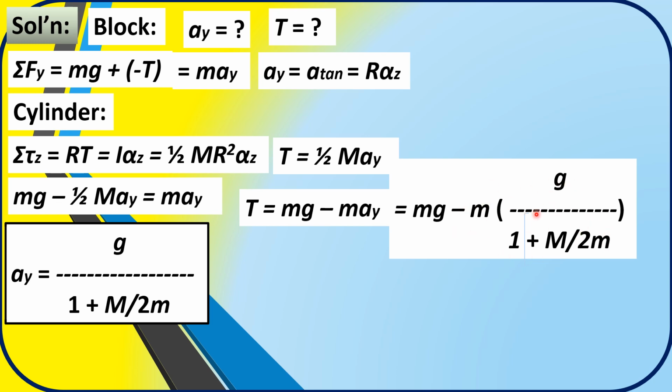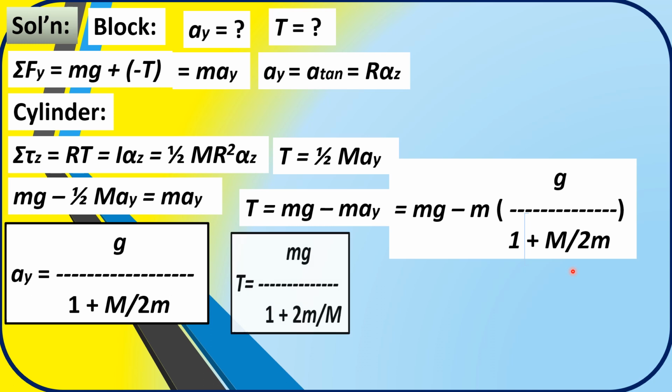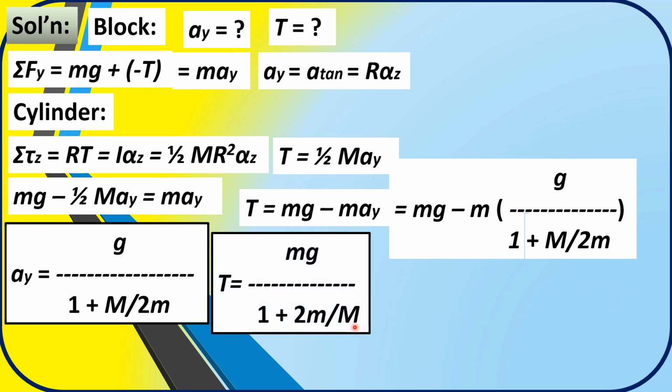If we simplify this, we get the working equation for the tension capital T equals small mg divided by 1 plus 2 small m divided by capital M. These two working equations for the acceleration of the block as well as the tension of the cable are what we need to answer the questions, finding a sub y as well as the tension T.